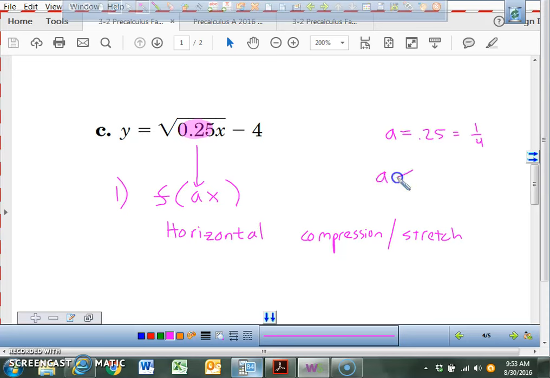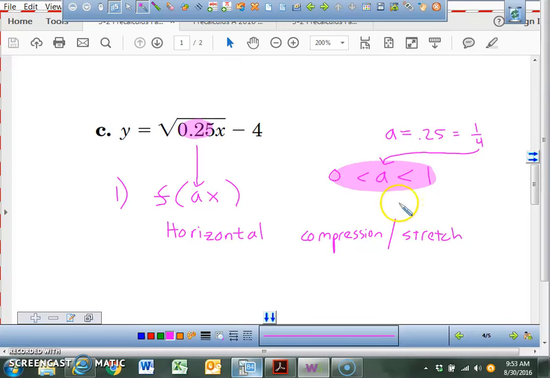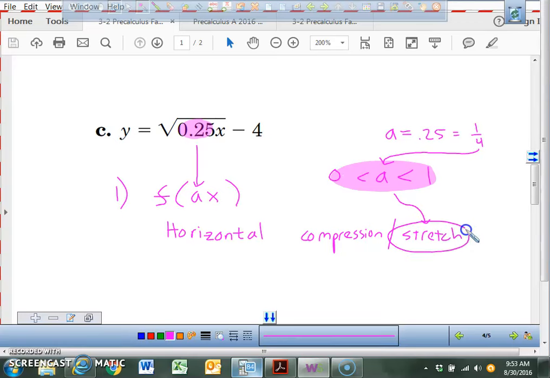Our a value is less than 1 and greater than 0. And so whenever the a value fits somewhere between the 0 and the 1, if you look at your notes, that lets us know we're dealing with a horizontal stretch. Right there.